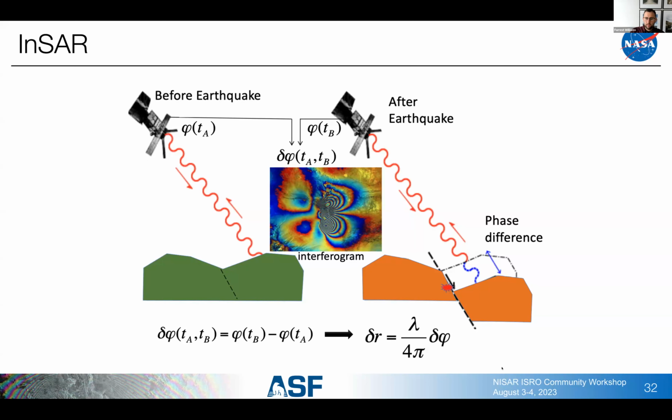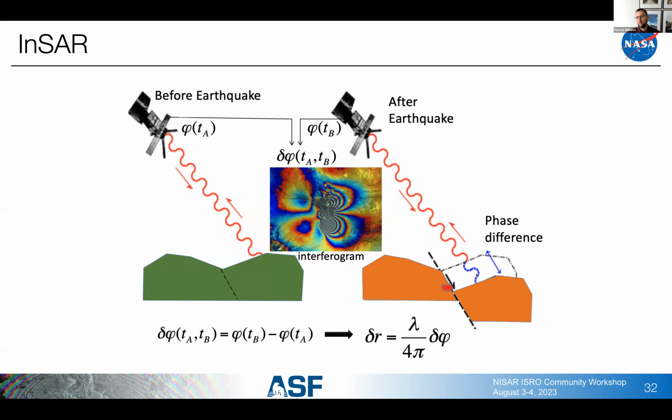And then we can relate this phase difference to the actual deformation on the ground using this formula, where basically the change in distance between the satellite and the ground, represented here by delta R, is equal to lambda, the wavelength of the SAR sensor that we're using, divided by 4 pi multiplied by the change in the phase between the two images, which is the complex conjugate component. And a really important thing to remember here is that for InSAR, we're always measuring a change in range between the satellite and the ground.